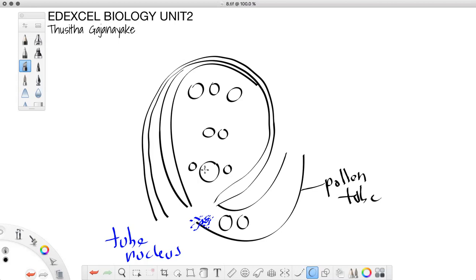You know, all these cells are haploid. Then one generative nucleus fuses with the ovum, and one generative nucleus fuses with these two polar nuclei.